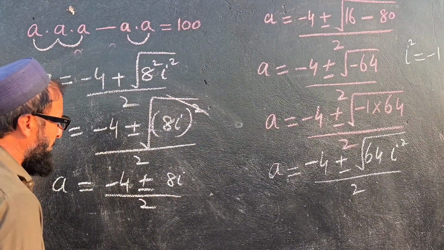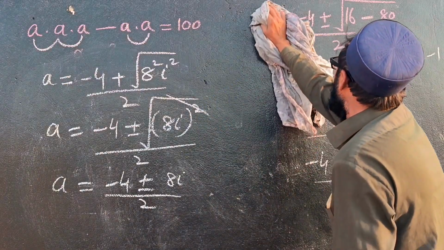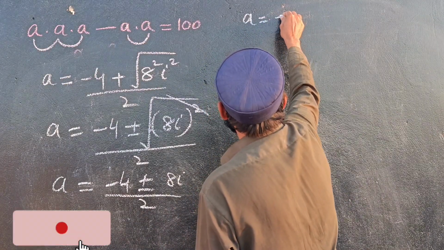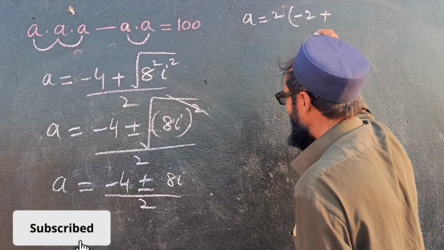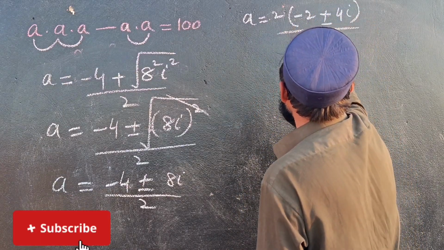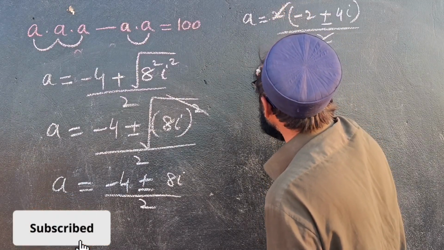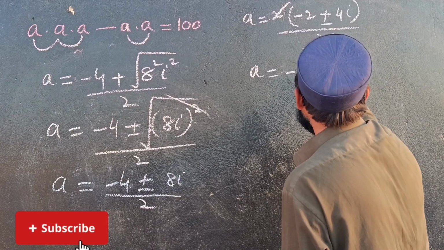Now we take minus 2 common: minus 2 plus or minus 4 iota divided by 2, and the 2s cancel, so we get minus 2 plus or minus 4 iota.